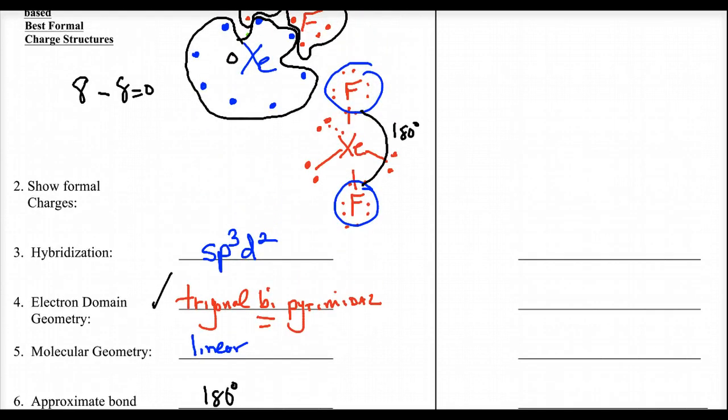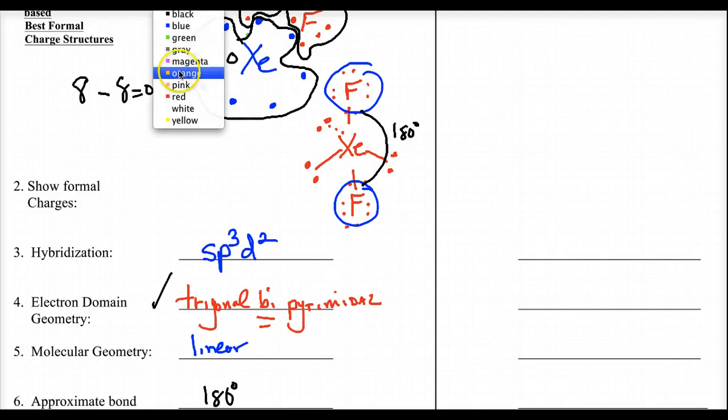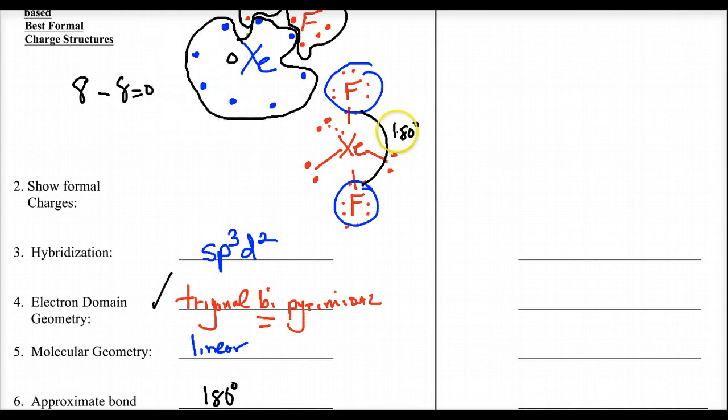Polar molecule? Well, I should have put an arrow to show polarity if this was a polar molecule. One way to do that is to show dipole moments. The partial negative sign would be for the fluorine because it's more electronegative than the xenon. The partial positive side of the bonds are here. And as I've told you before, positives go toward the negatives.